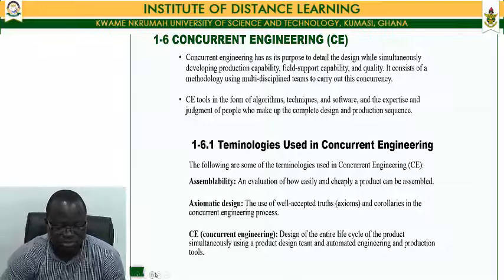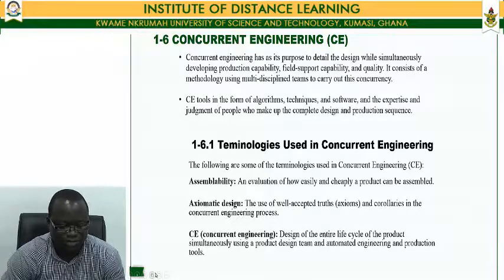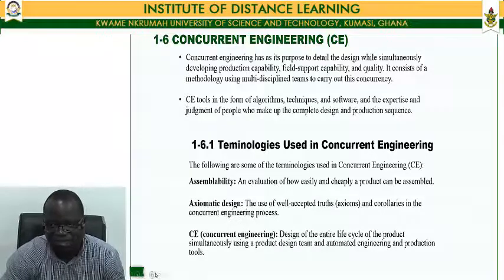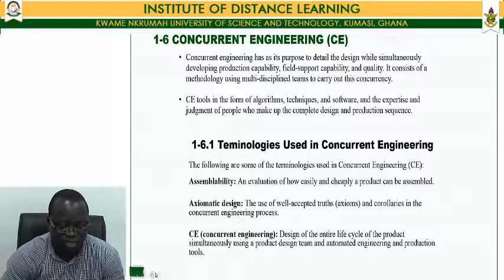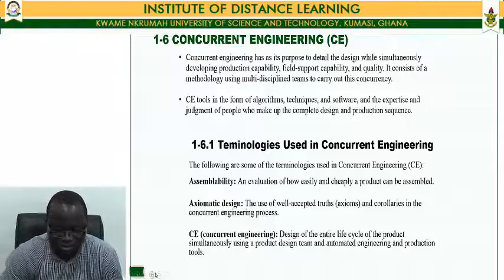Now, the terminologies used in concurrent engineering are as follows. You have assemblability, which is an evaluation of how easily and cheaply a product can be assembled. We have axiomatic design, which looks like the use of some accepted truths and corollaries in concurrent engineering.